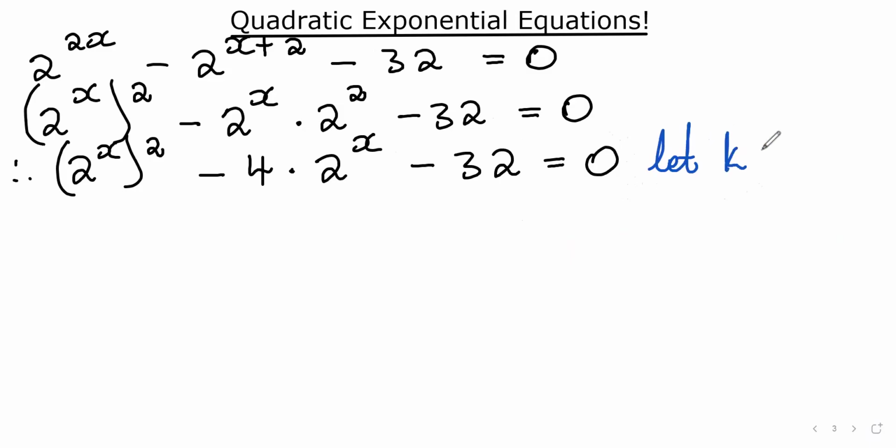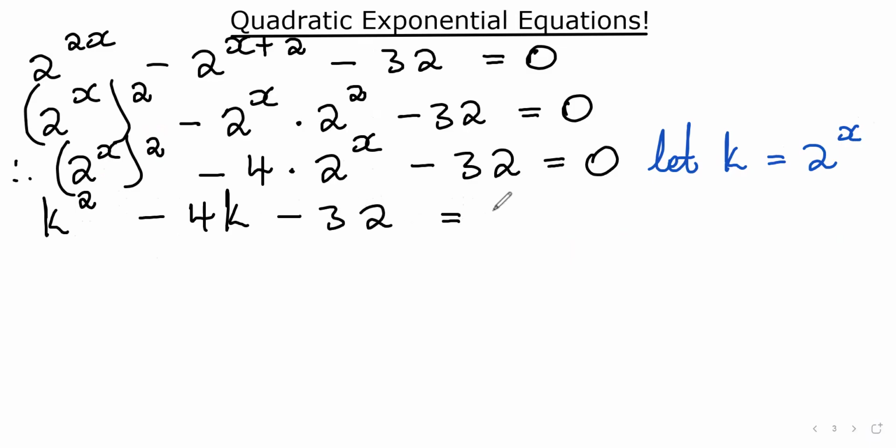So here we are simply going to allow 2 to the power x to be k, so that 2 to the power x, which is all squared, is now going to become k squared. And when we see this, we see k, and now we have our 32. Can you see it's now a normal exponential equation? But it's not compulsory for you to use the k substitution method.